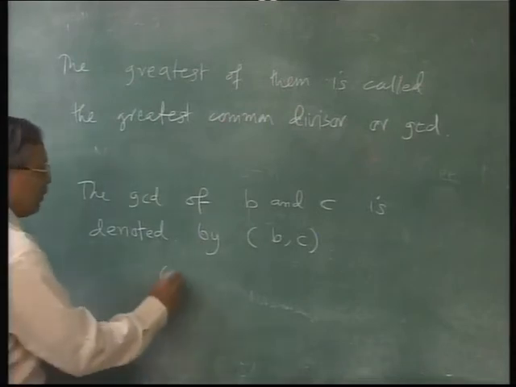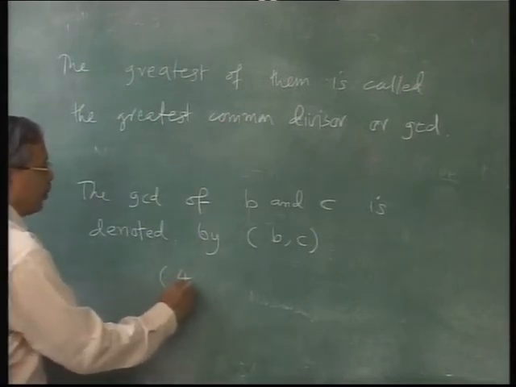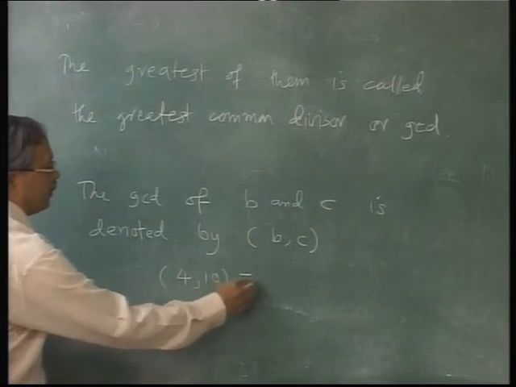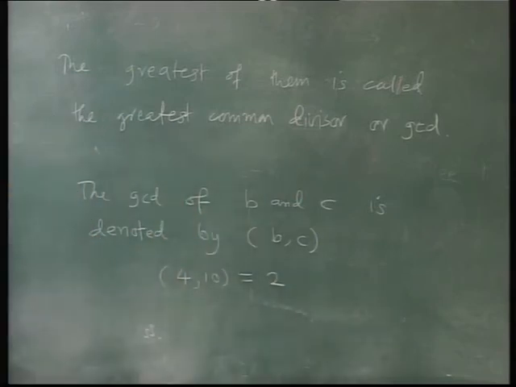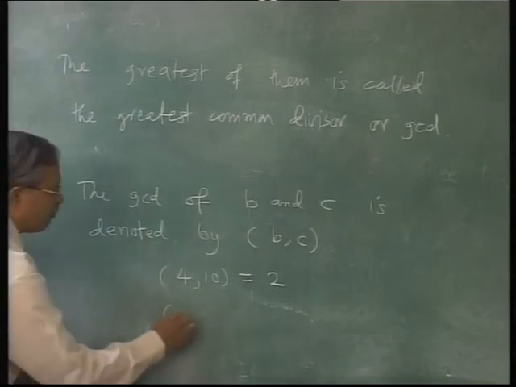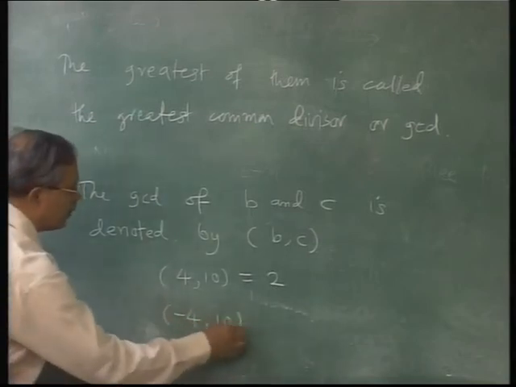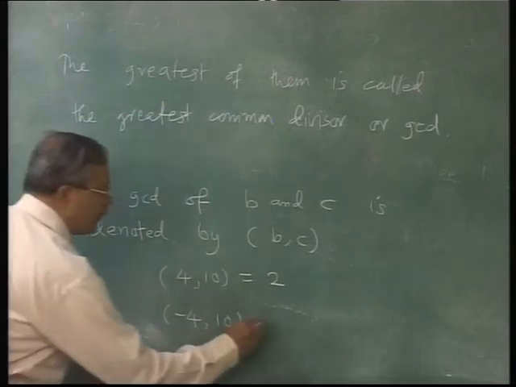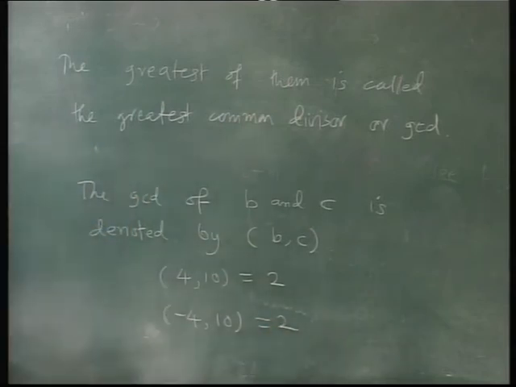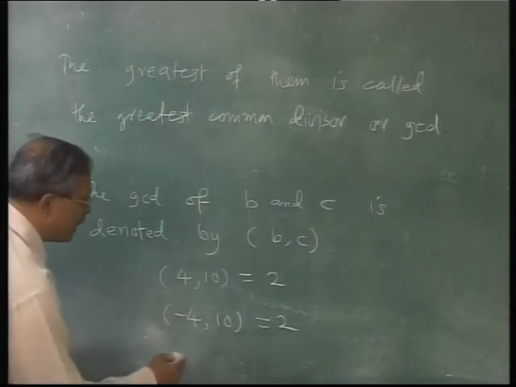For example, say 4 and 10. The GCD is 2. What is the GCD of minus 4 and 10? Again 2. See that the GCD is always a positive number, because it is the largest, and we always have a positive divisor if there is a negative divisor.